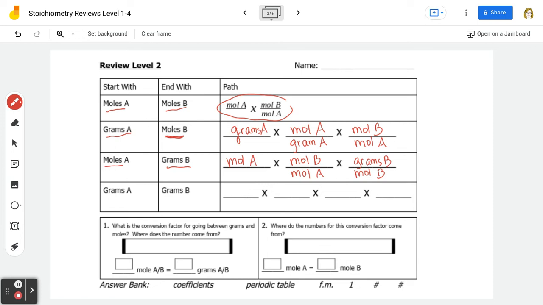And finally, the last path is the entire setup from grams of A to grams of B. This is when you'll have all four.